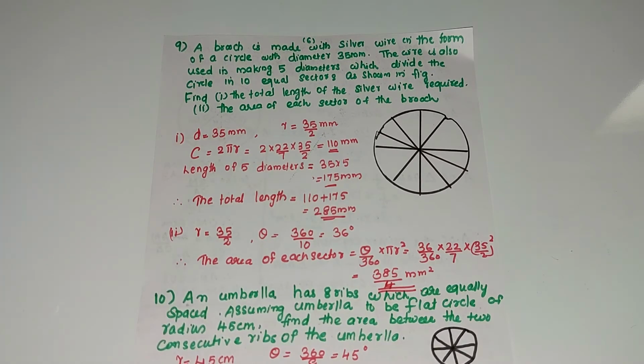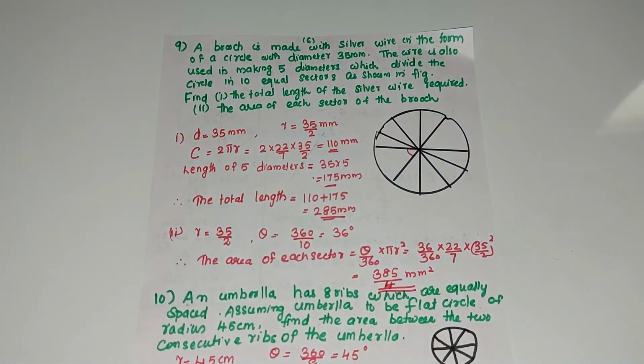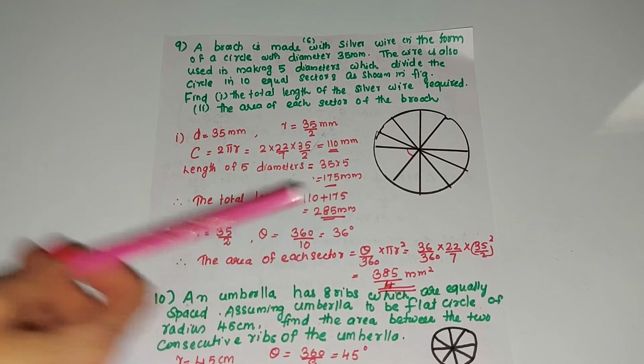Now our second part is the area of each sector of the brooch. So we have to find out the area of each sector. Here there are 5 diameters, which means it divides the circle into 10 equal parts. The complete angle is 360, and when you divide 360 by 10, we get 36.